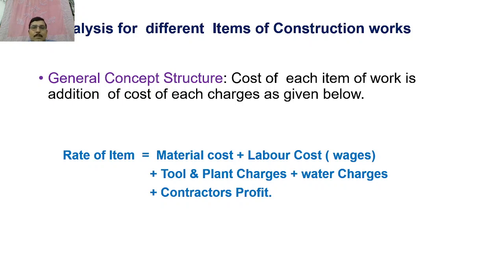Whenever we add all these together for a particular item, that becomes the rate of that item per unit quantity of that item.